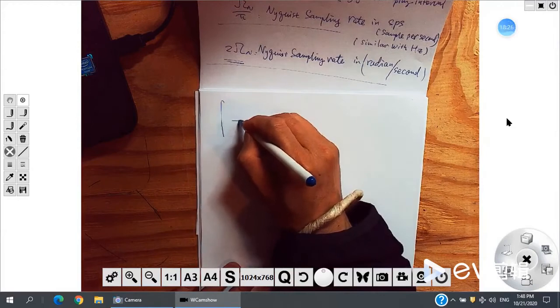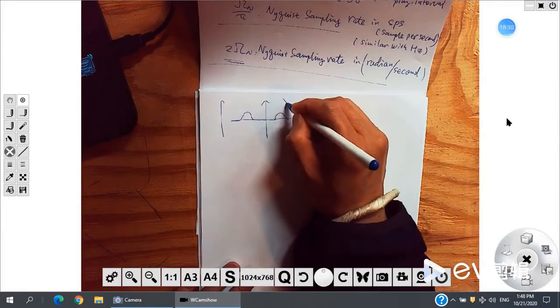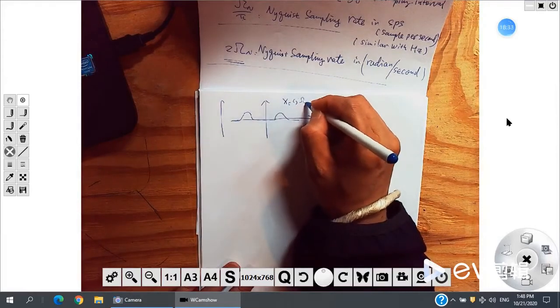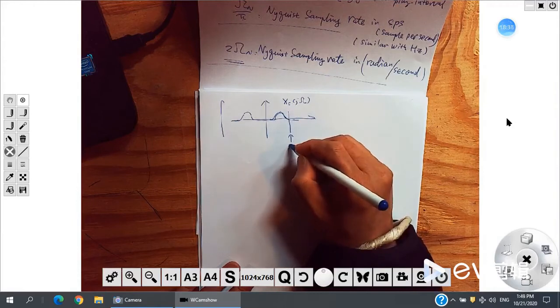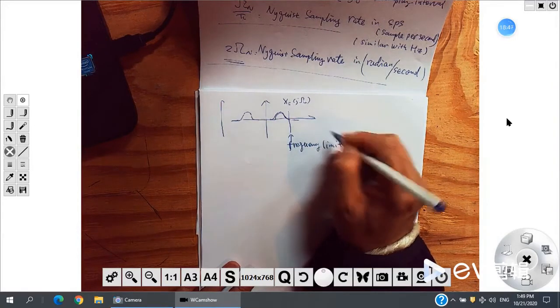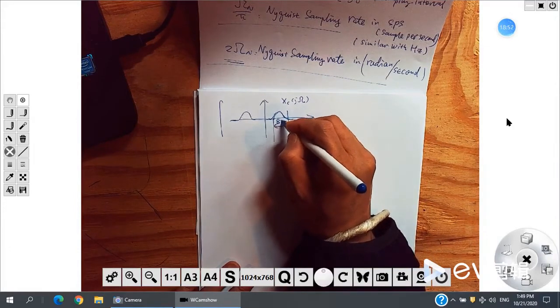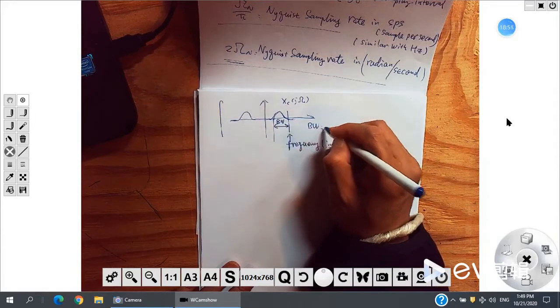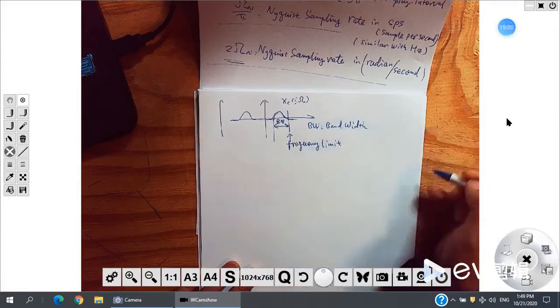Like if we have a signal whose spectrum looks like this, capital XC of j omega, then this is the band limit, the frequency limit, and the distance from here is the bandwidth.